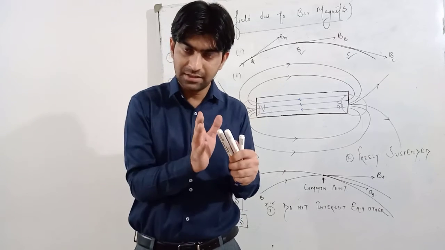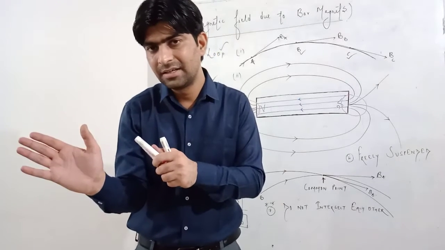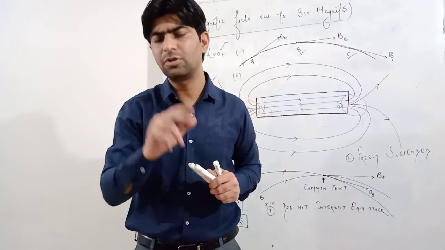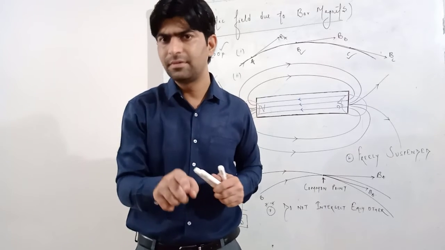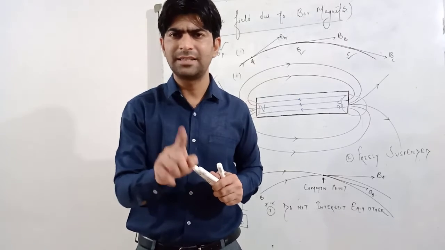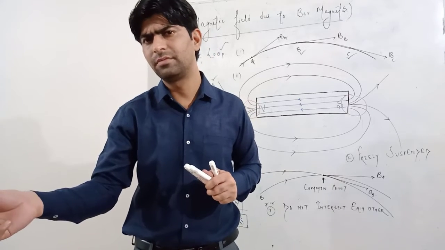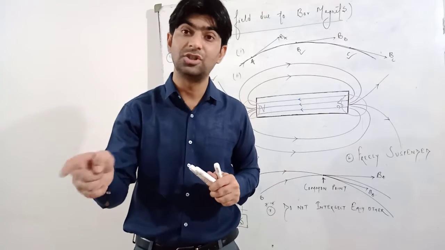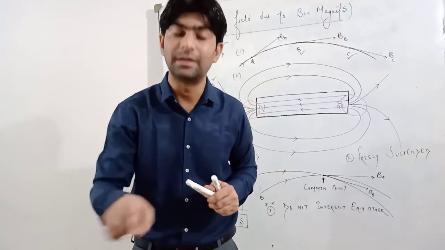If a magnet's north pole were indicating the geographical north pole, that is not possible because north poles repel each other. But if the north pole of a magnet is indicating the north pole of the earth, that means the magnetic south lies at the geographical north of the earth.